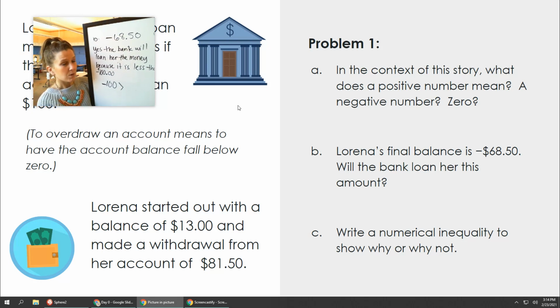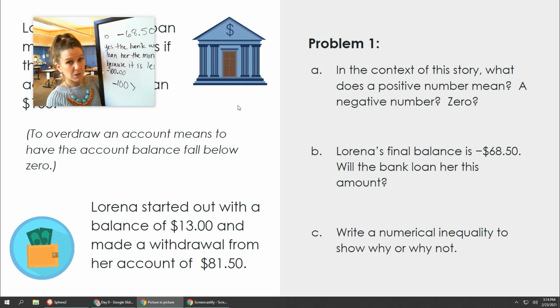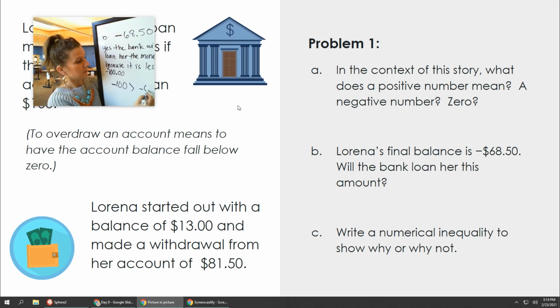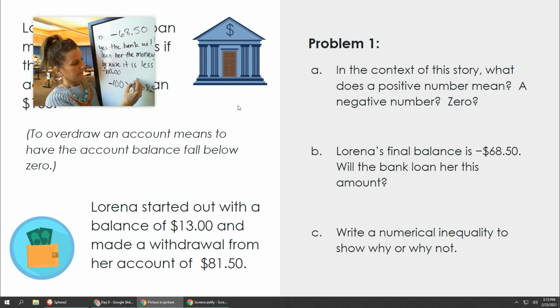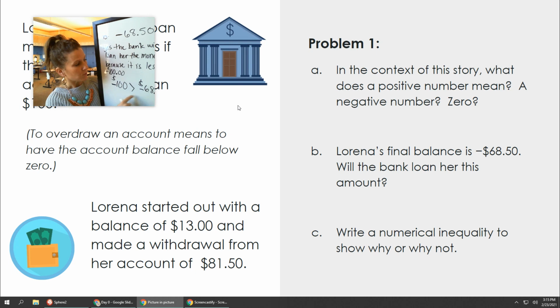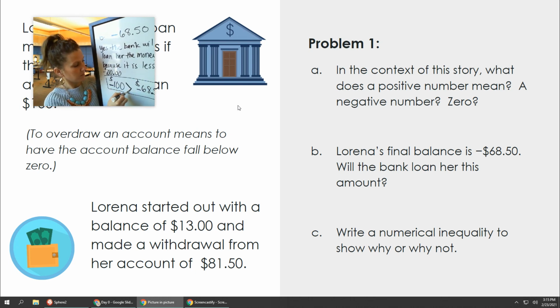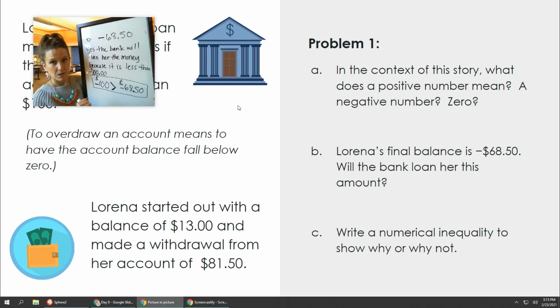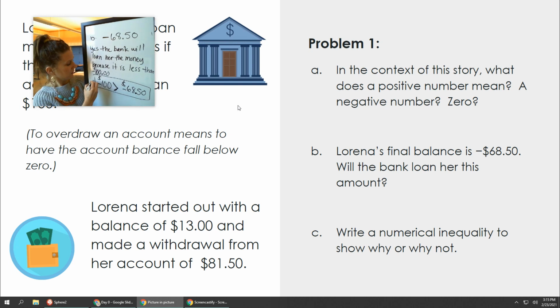So negative 100 is a bigger amount to be in debt than 68. So the bank will allow her to make this withdrawal. So this is our numerical inequality because we used our Pac-Man or dinosaur or whatever alligator that you do. Okay, so that was part C.